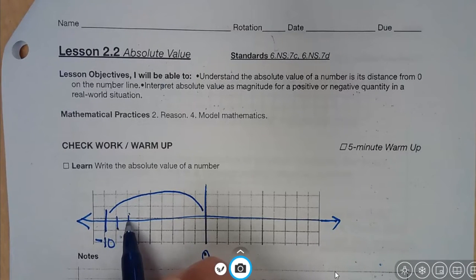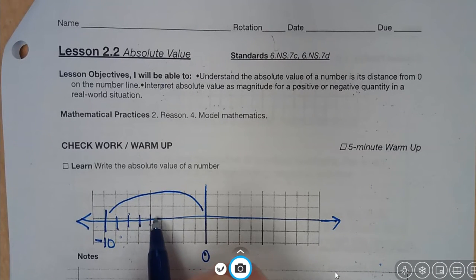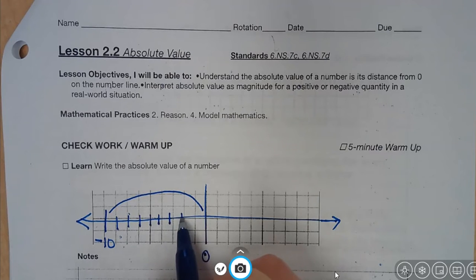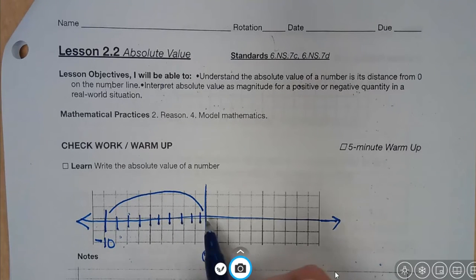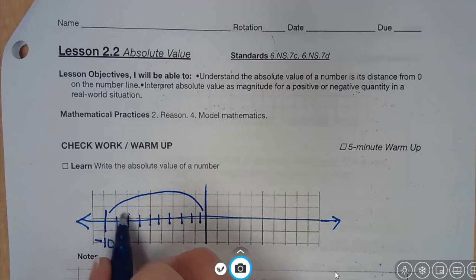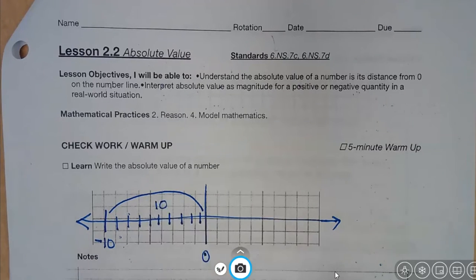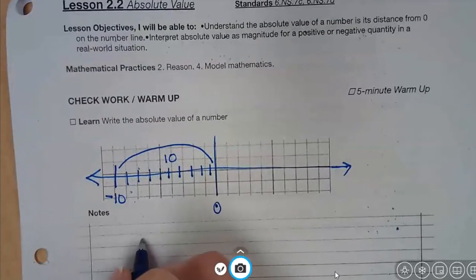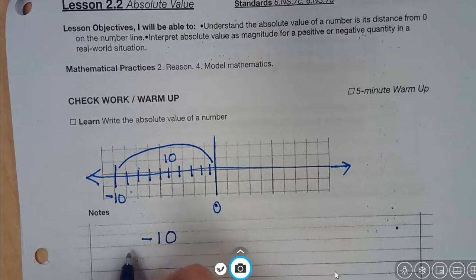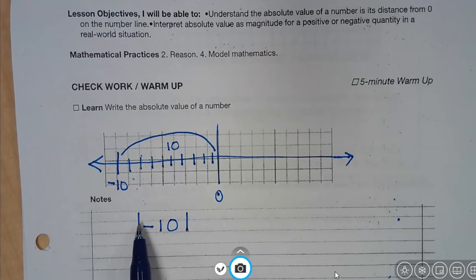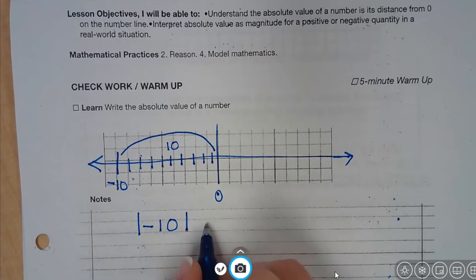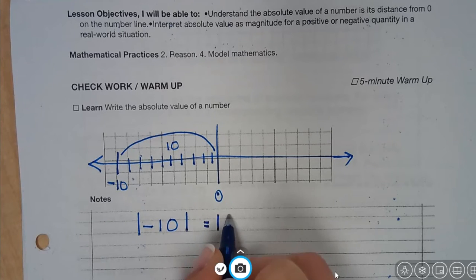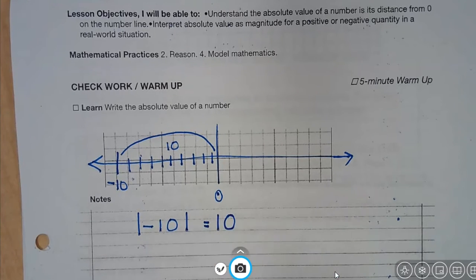So I could have negative 9, negative 8, negative 7, negative 6, negative 5, negative 4, negative 3, negative 2, negative 1, and I get to 0, and you could count the jumps, and it would be 10 jumps away from 0. So the way that you would write that would be negative 10, and the absolute value of that number, so the absolute value of negative 10 is equal to 10, because it's 10 jumps away from 0.